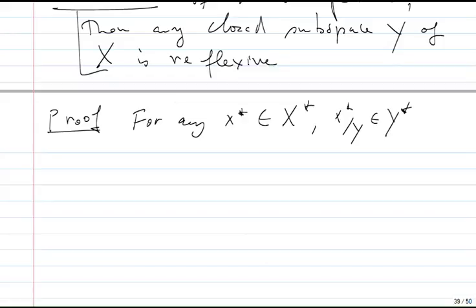Assume that y double star is different from its natural embedding.